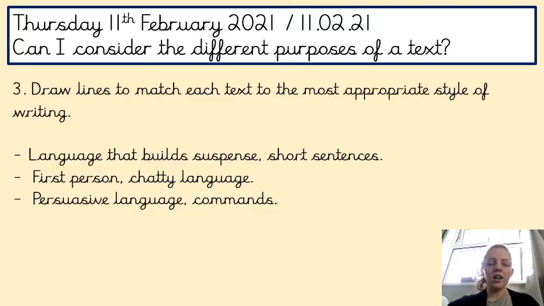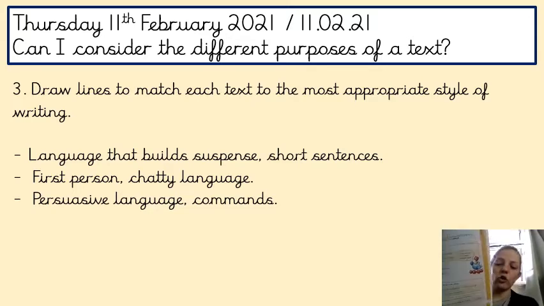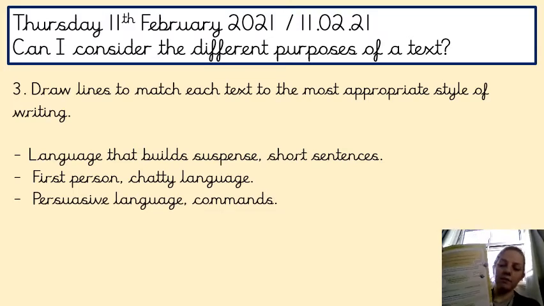Okay, so before I cover question 3, I've just chosen 2 texts from my bookcase, and I'm going to explain to you the purpose and the audience of them, just so you've got a good idea of what I mean. My first text is a grammar, punctuation and spelling dictionary. Now, this text is informing me of the different rules on how to spell, the rules of grammar.